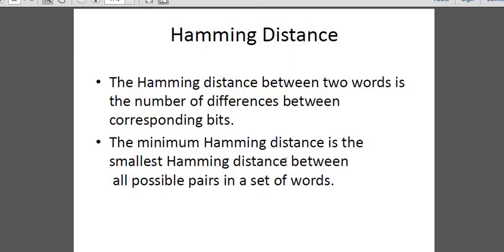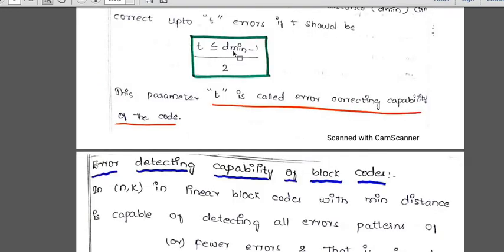We will see how to find the Hamming distance as well as the error detecting and error correcting capability. The error correcting capability formula is t less than or equals to (d minimum minus 1) divided by 2. This is not whole divided by 2; t is separate. t is called the error correcting capability.